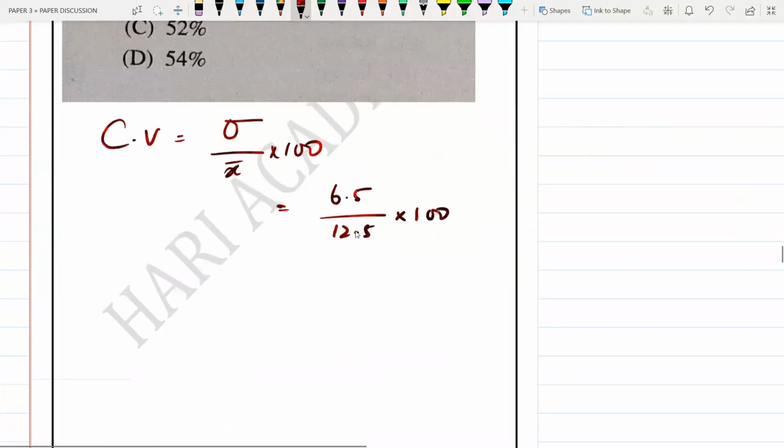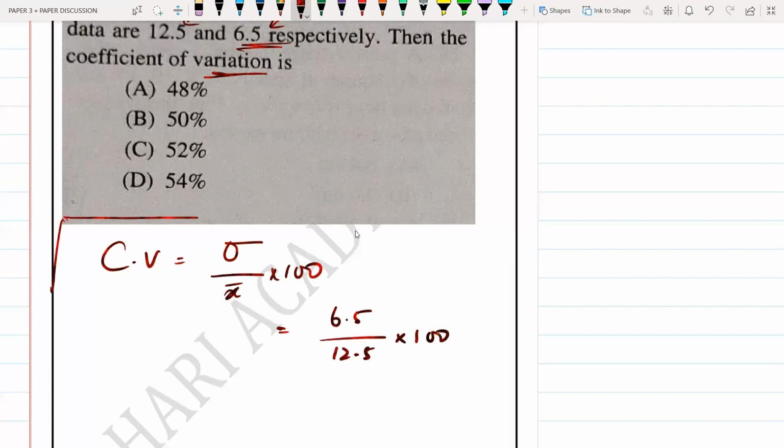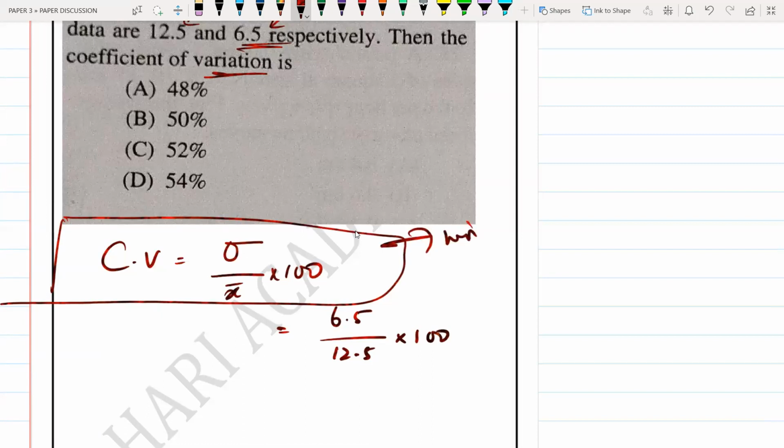I can do it in my calculator by just looking at the question. This formula writing is only for your understanding purpose. Don't waste your time writing this formula in your worksheet. For that, there are no marks. For your OMR sheet, if your OMR shading is correct, they will give you marks. If the OMR shading is wrong, they will never provide you the marks.